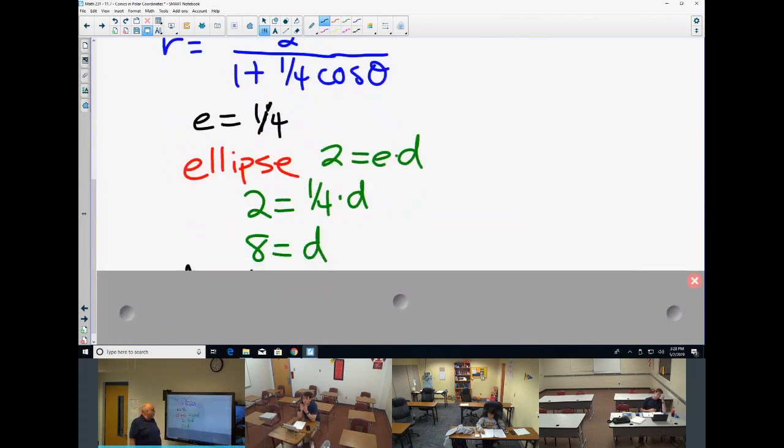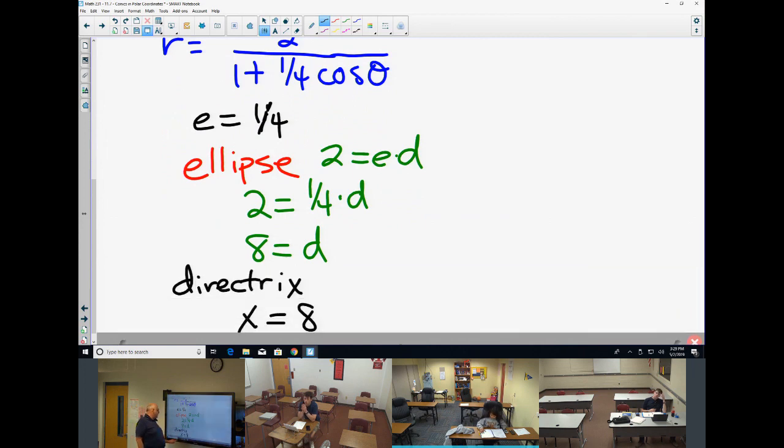So then, Jada, what is the equation of the directrix? X equals 8. Okay, good. All right, any questions on that?